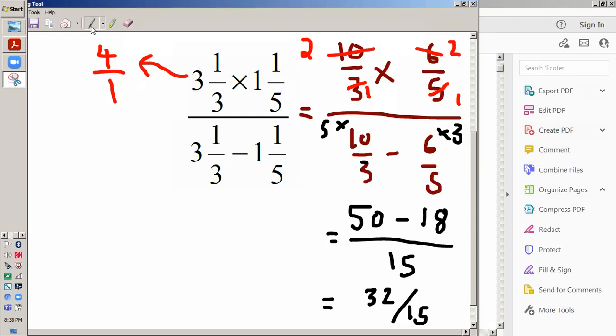All right, ma'am, are you there? Yes, sir. Then you're going to say 3 into 15. What's 3 into 15, ma'am? How many groups of 3 can you make from 15? 5. And 5 tens? All right. You following so far?